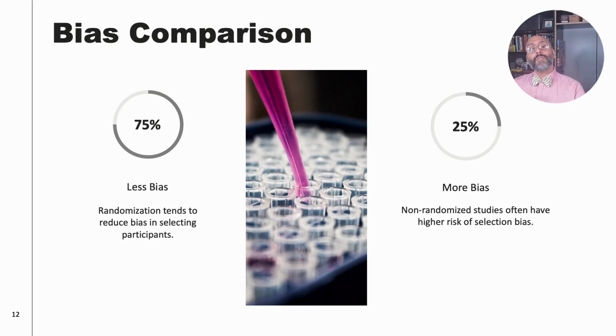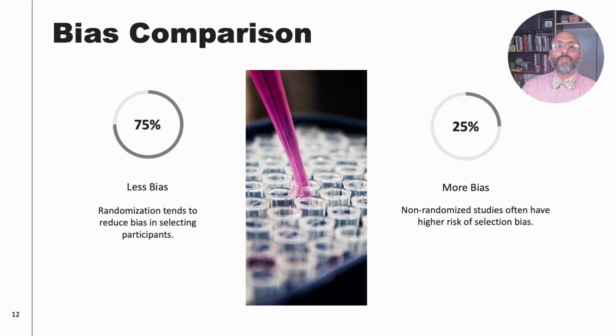So in research, bias refers to any systematic error that distorts the relationship between an intervention and an outcome. Now, one of the most important forms is selection bias. Selection bias occurs when the people who receive a treatment differ in a meaningful way from those who do not.